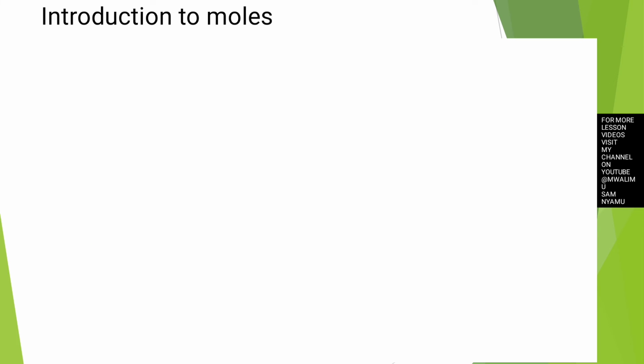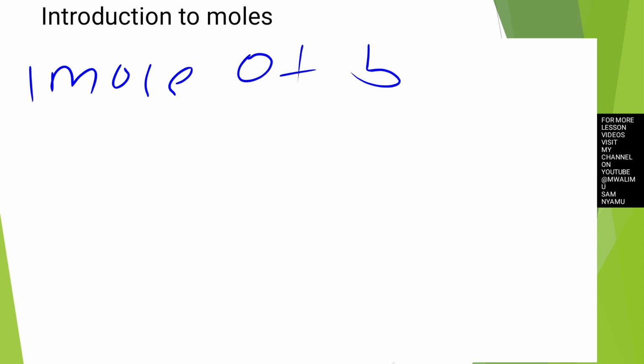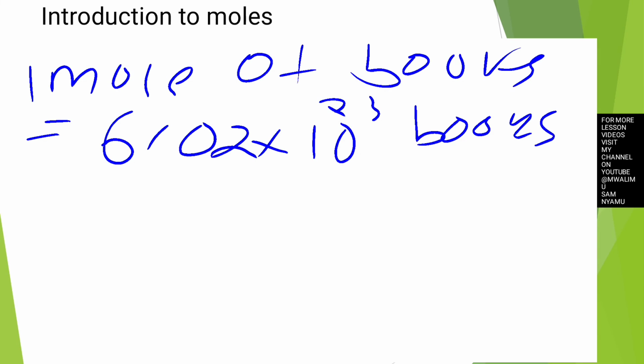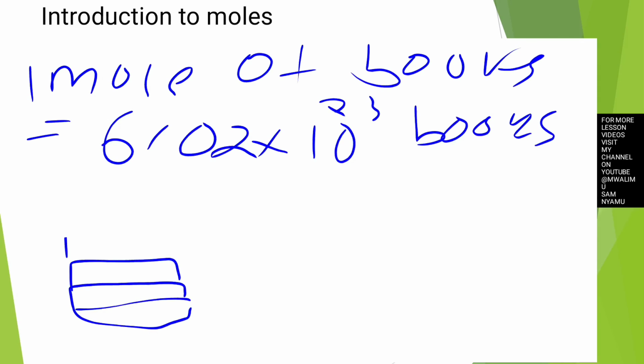Now before we close, how big is 1 mole? If you had 1 mole of books, which means 6.02 times 10 to power 23 books, you would be able to pile those books, book 1, book 2, book 3, book 4, from the earth to the sun.